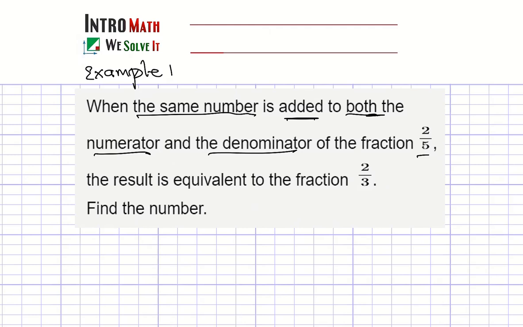Once you understand what is given and what is not given, then you assign a variable to the unknown quantity, because with that variable you can find the quantity.